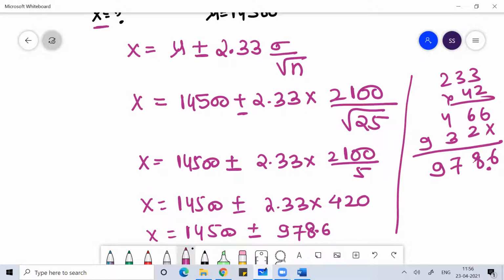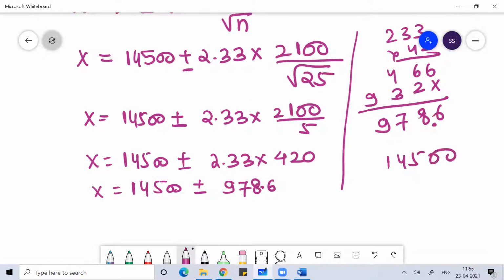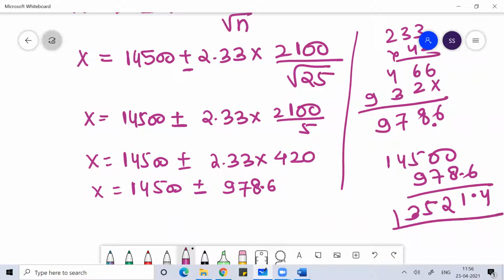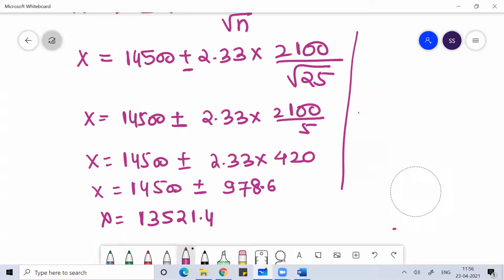So you will get the two regions: 14,500 minus 978.6 is 13,521.4. If you want, you can find the plus side value also, but because we are doing this left-tailed one tail test, there's no point in finding the right hand side value. I hope you are understanding.